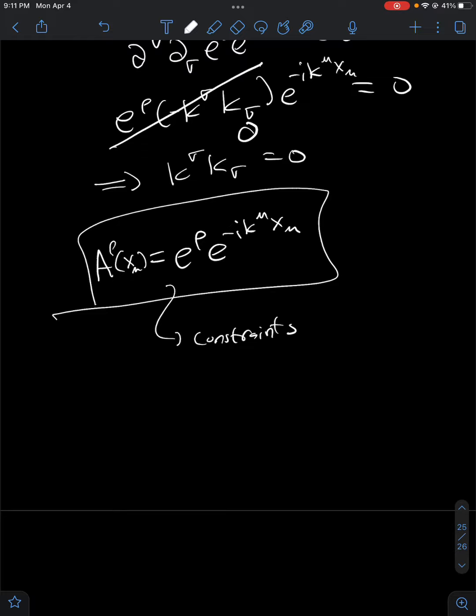So we solved the equation. All we have to do now is find out what constraints we have on our polarization vector, and that's going to be the next video. So I'm going to cut this video off a bit short, and we will talk more in the next video.